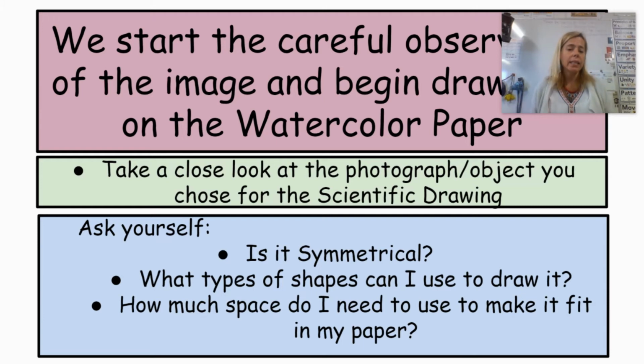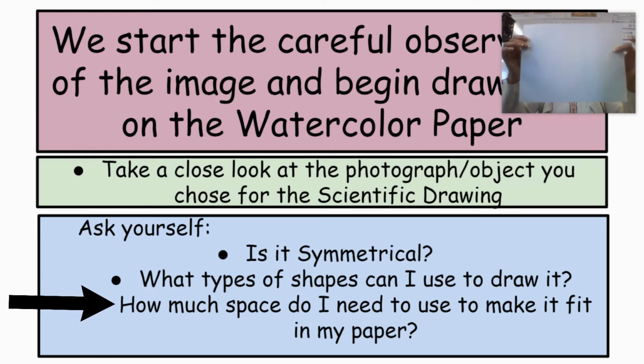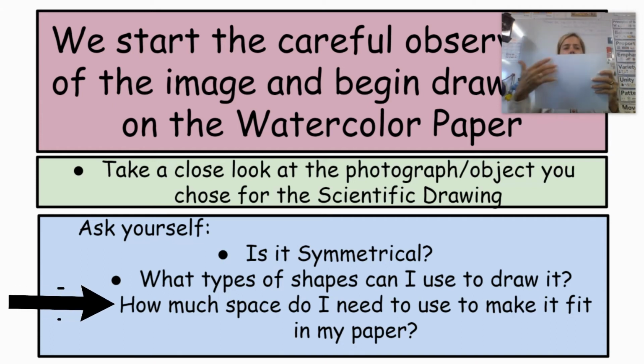And then the last thing, which is really, really important, you are going to estimate. You are going to calculate in your mind how much space you need to use of your paper. So if this is your piece of paper, where are you going to place your object, your drawing, and how much space you need to save aside for it, all right?